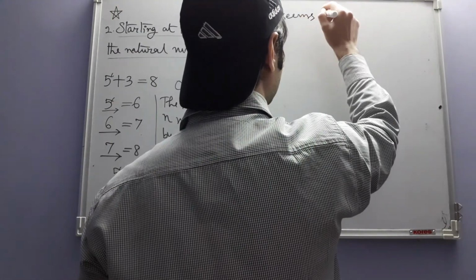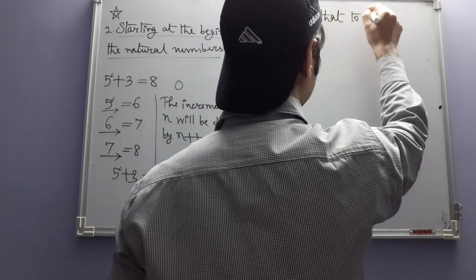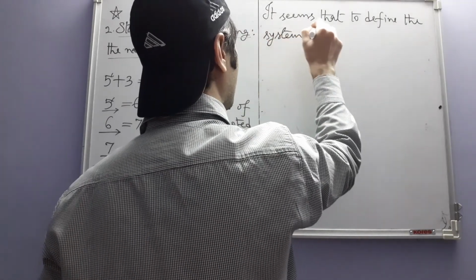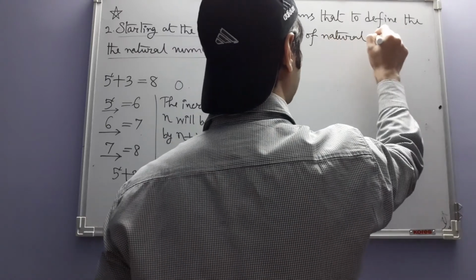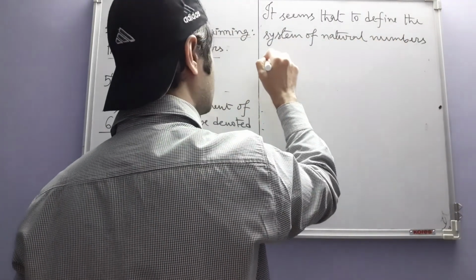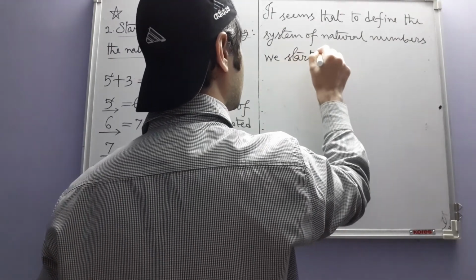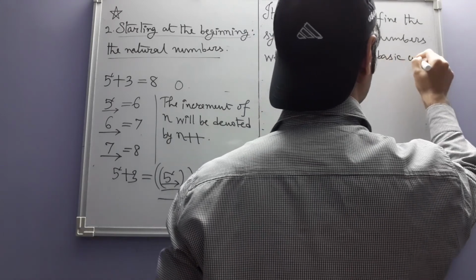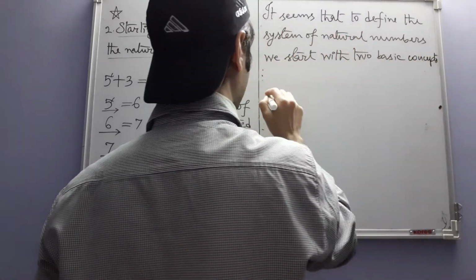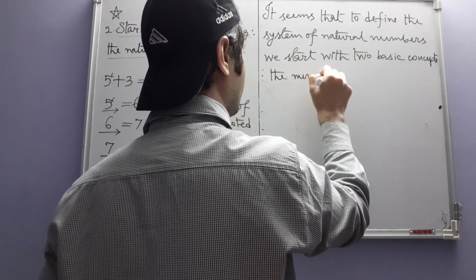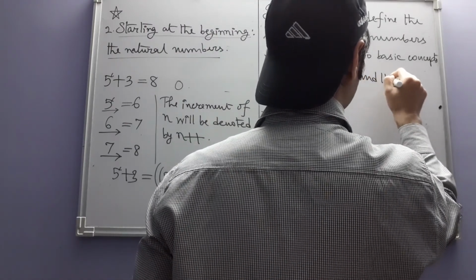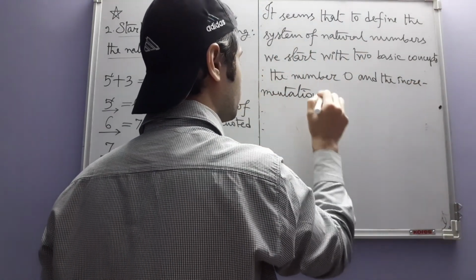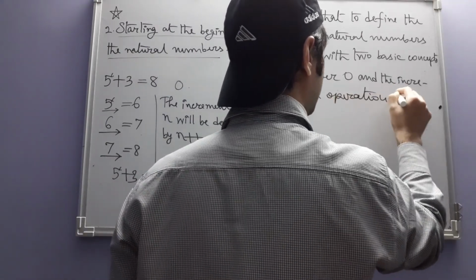So it seems that to define the system of natural numbers, we start with basic concepts: the number 0 and the incrementation operation.